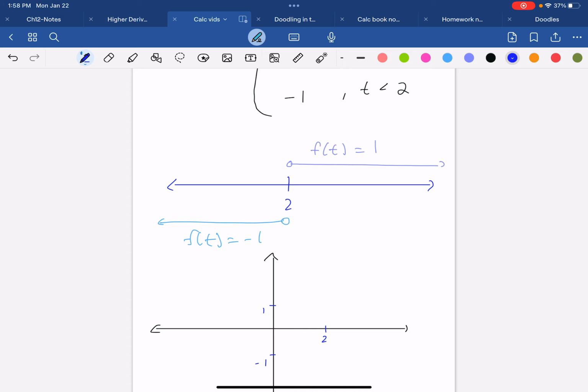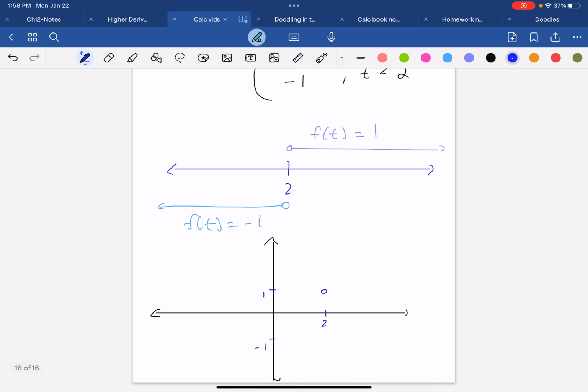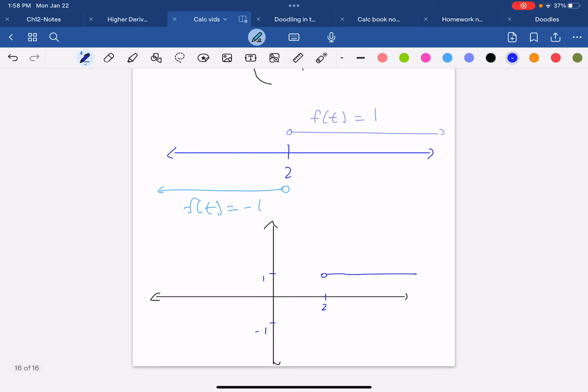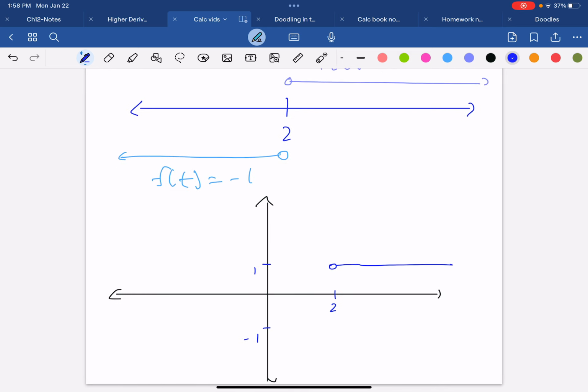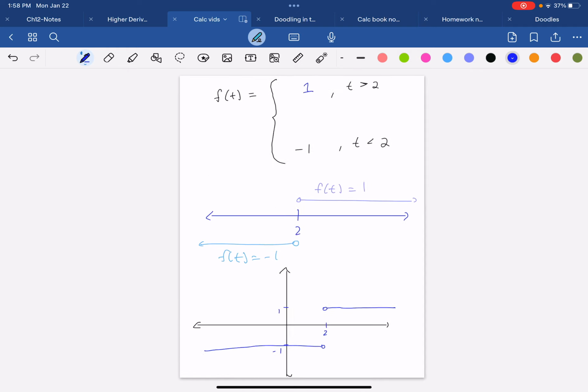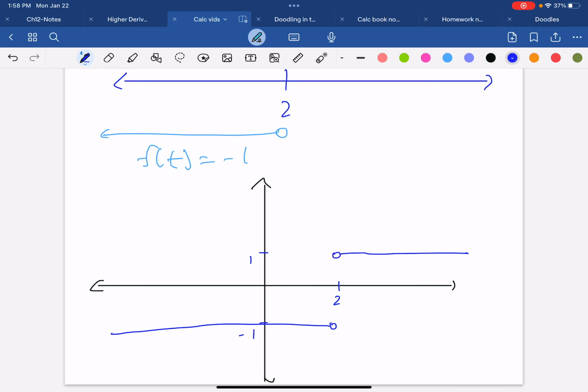So we're going to draw an open circle here, when we are not equal to 2 but we are greater than 2, our f of t is just going to be equal to 1. And then when we are not equal to 2 but we are less than 2, our f of t is just going to be equal to -1. And so your graph should look something like this for this piecewise function, and that's how you would solve this problem.